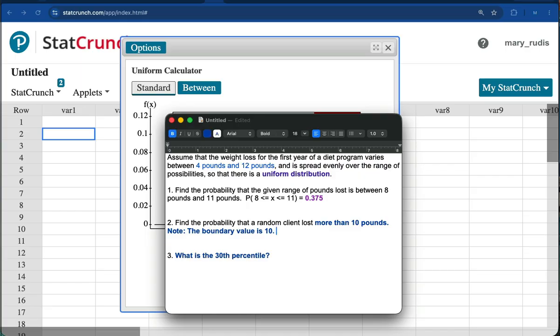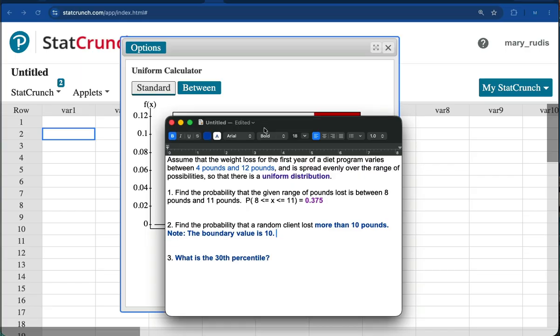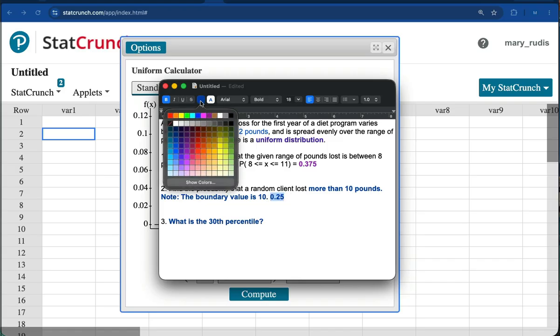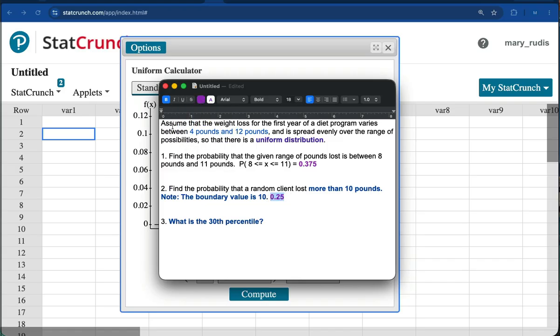So the answer there is 0.25. 0.25 is the probability that someone would lose more than 10 pounds in the first year. So that's a 1 in 4 chance of that happening.